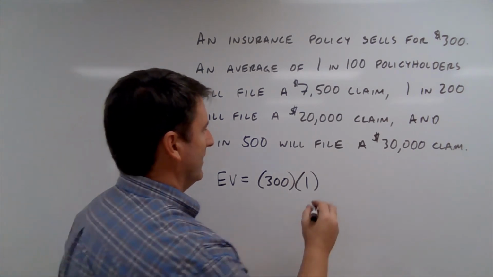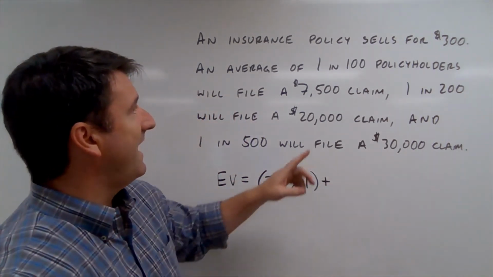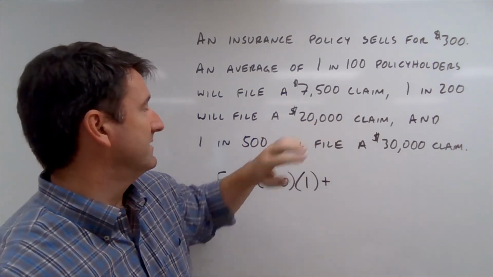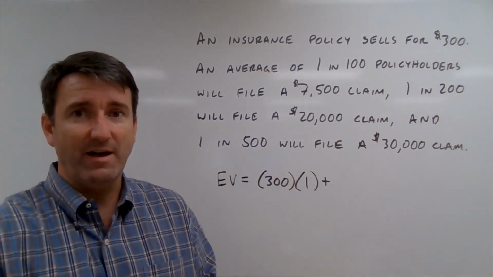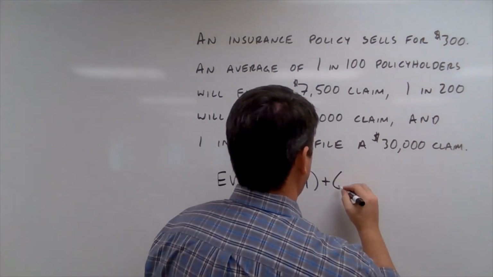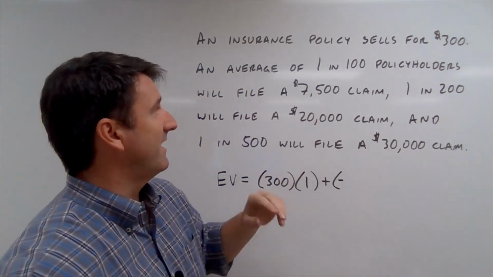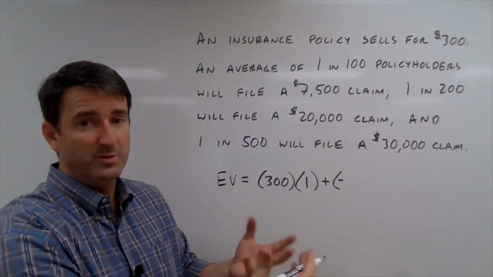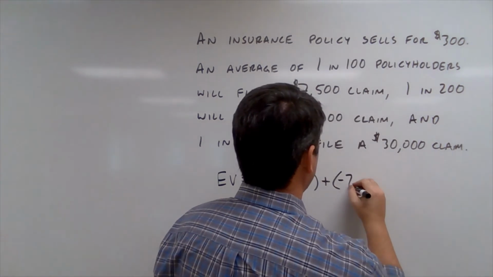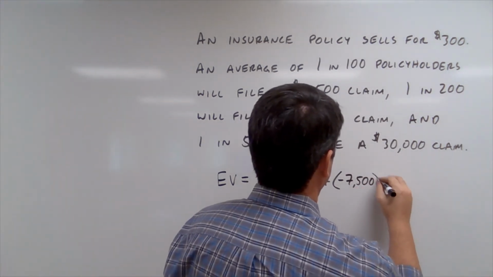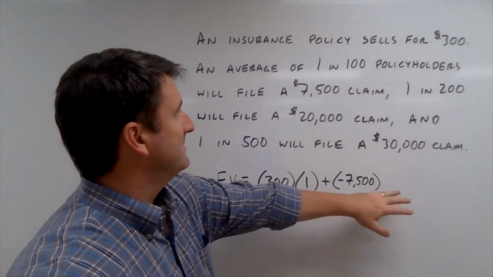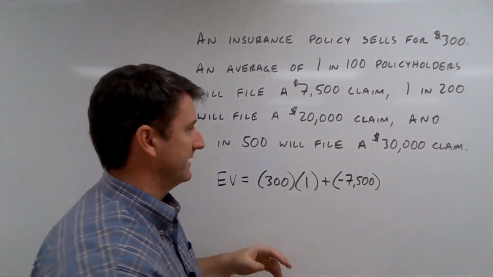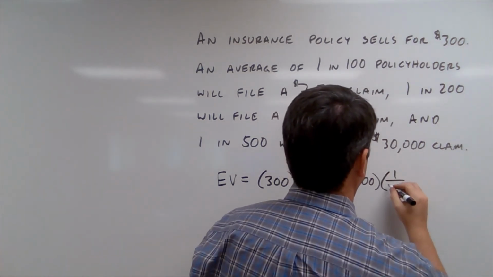And then we're going to add to that the value to the insurance company if someone files one of these first claims, and that's negative $7,500. If someone files a $7,500 claim, then the insurance company is going to lose $7,500. So that's negative $7,500 times a probability. The probability that happens is 1 in 100. So the probability is 1 over 100.